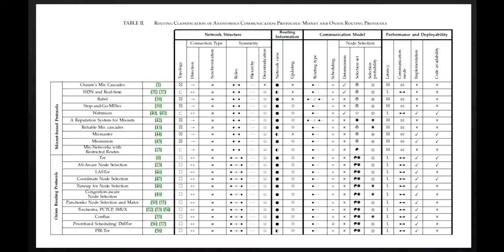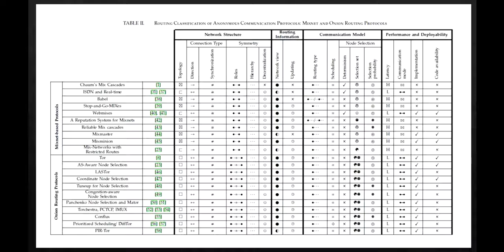Partially connected is represented by a C under the topology column, you can see a C, right? That is partially connected. So for Web Mixes and restricted route mix networks, it is partially connected, but for the rest of the others, it's fully connected.